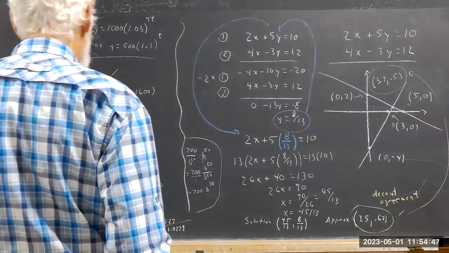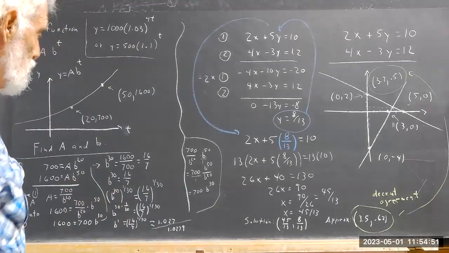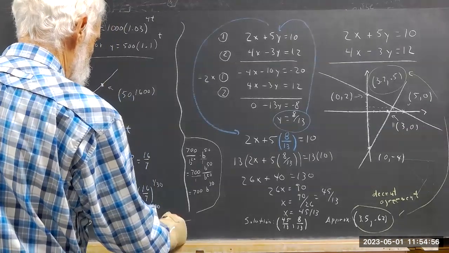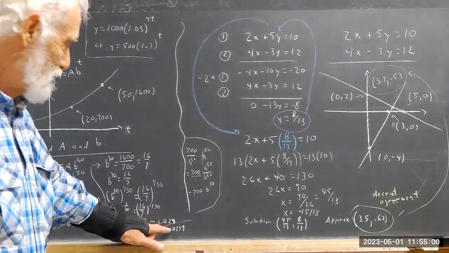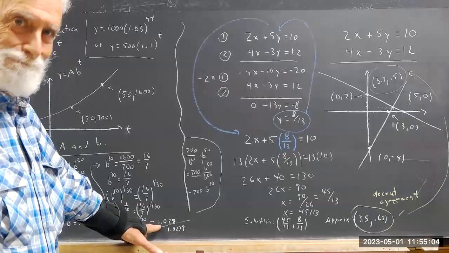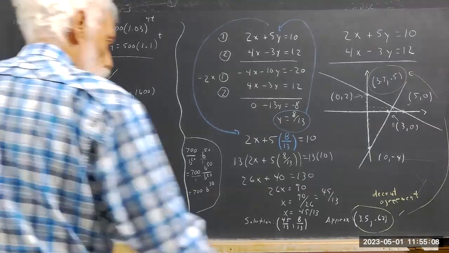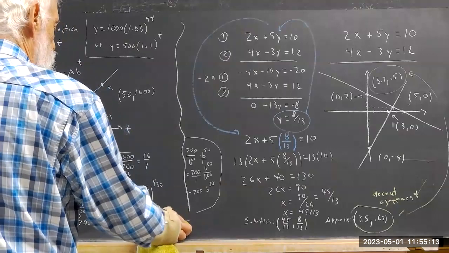We have time later. Okay, anyhow, we get b, and it's about 1.028. And really, I wrote an 8, but it's not as good an 8 as I usually write. We'll correct that to 1.028. And of course, there are more decimal places.